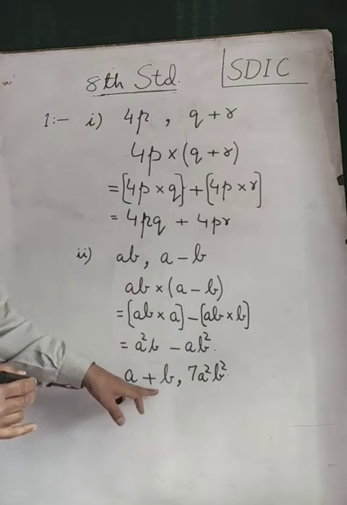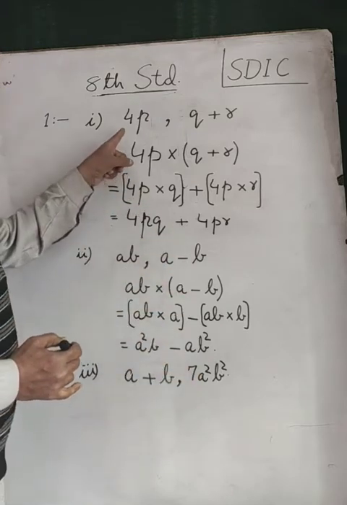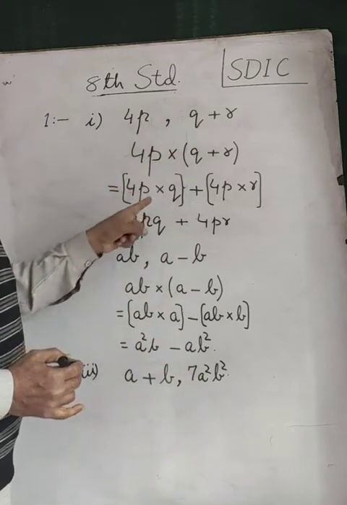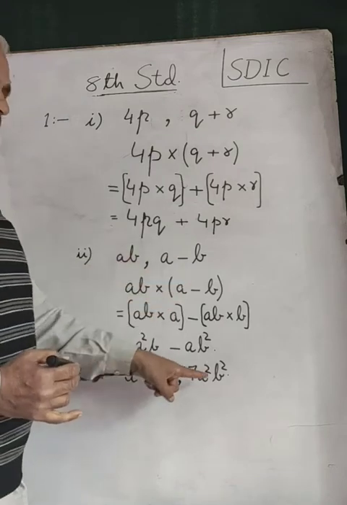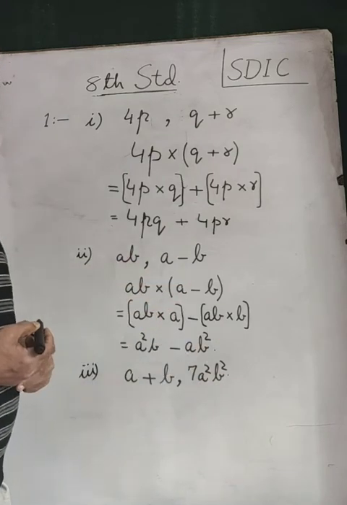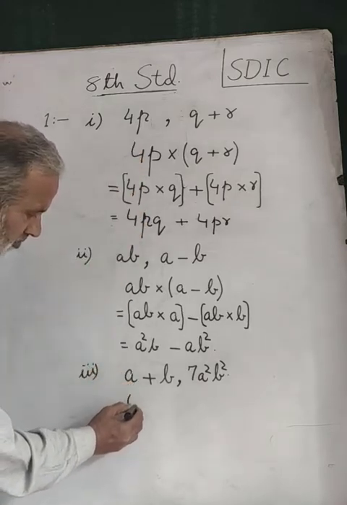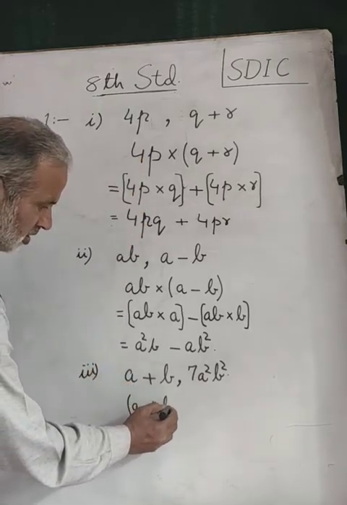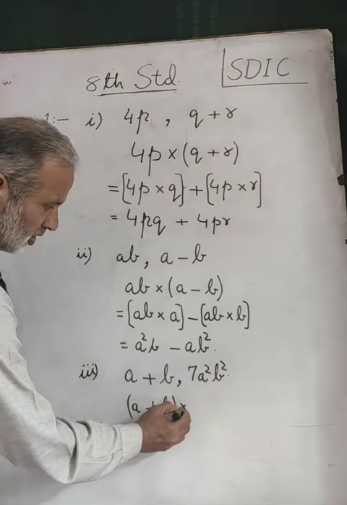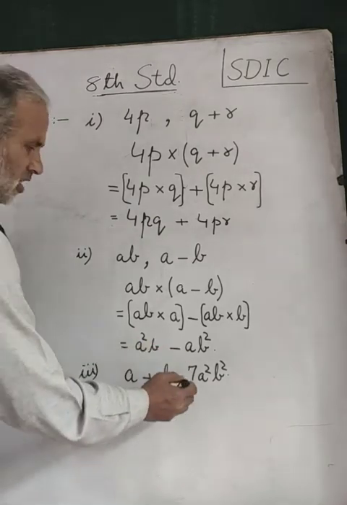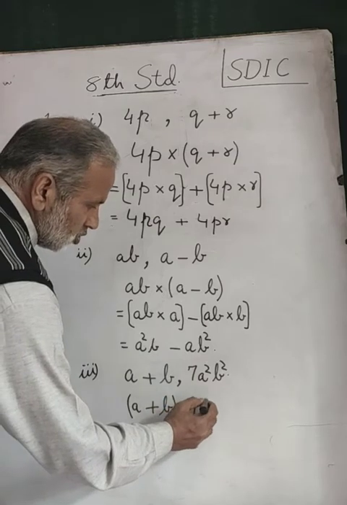Thus a binomial is multiplied by a monomial. Earlier it was a monomial multiplied by a binomial in the two parts. Now it is a binomial to be multiplied by a monomial. Now writing it in the usual form, the binomial we will write in the bracket A plus B. The comma will be replaced by a multiplication sign. Then 7A square B square, the monomial.